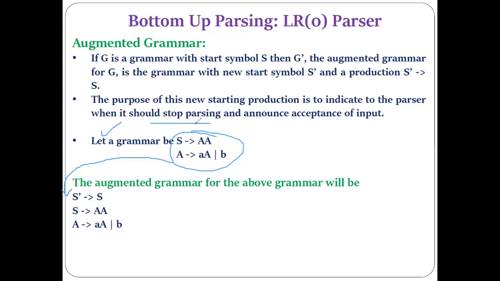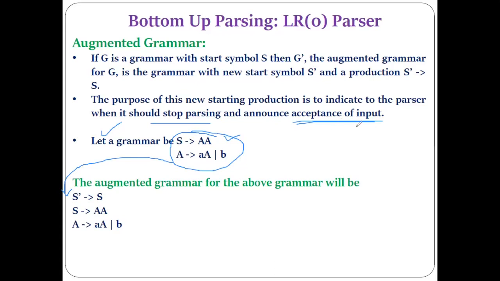And using the augmented grammar, the parser can get the idea about the acceptance of the input string. Means whether the string is accepted or not, to decide that, the augmented grammar is utilized in case of the LR parsers of the bottom-up parsing technique.